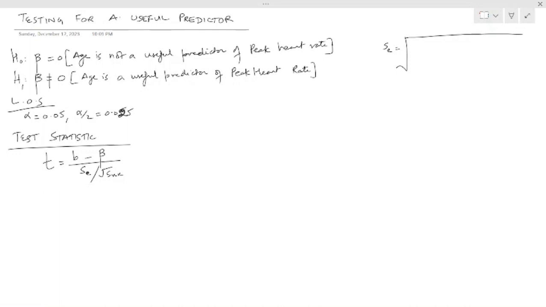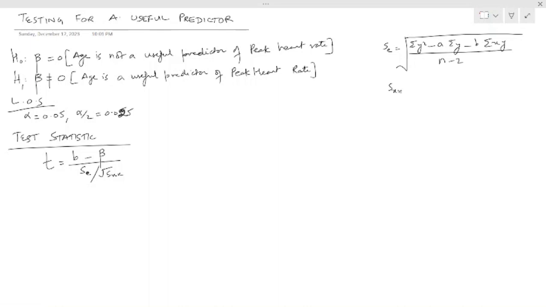SE can be computed as the square root of summation y squared minus a times summation y minus b times summation xy, divided by n minus 2. Here you can notice that the n minus 2 factor represents the degrees of freedom associated with the simple linear regression model because two parameters are involved in the model.